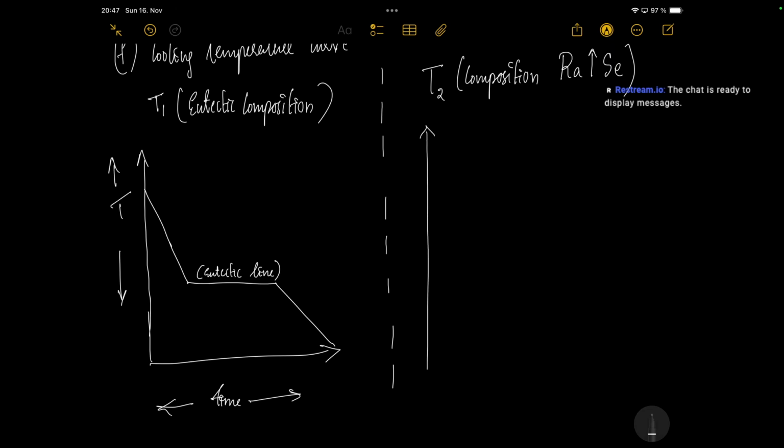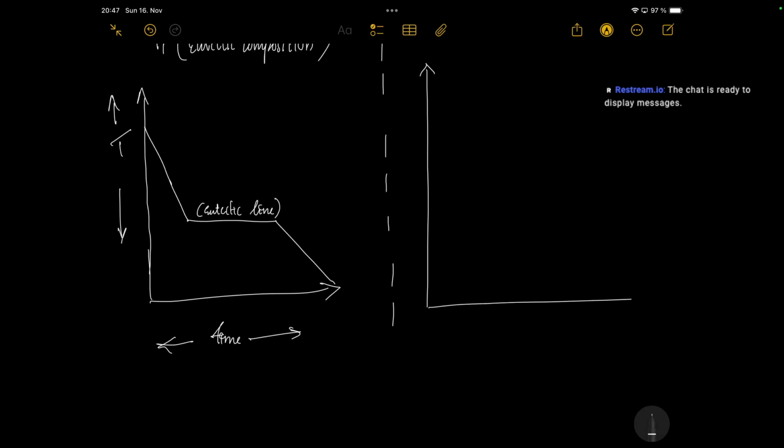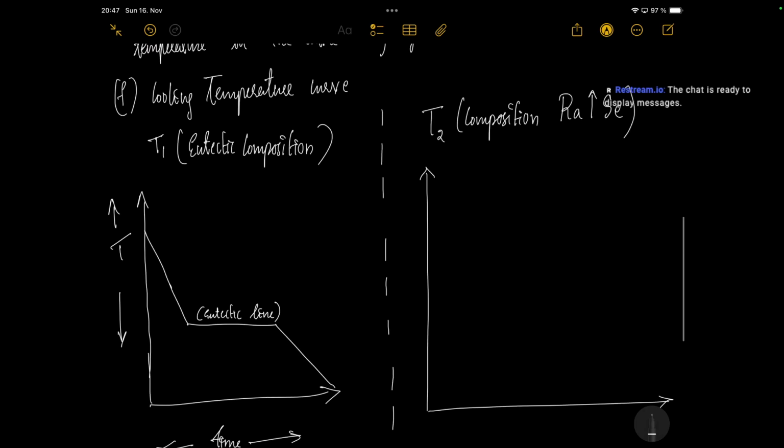The temperature time graph starts from a particular temperature. Then it goes like this. Then for some time, it stays at the eutectic temperature and goes directly down.